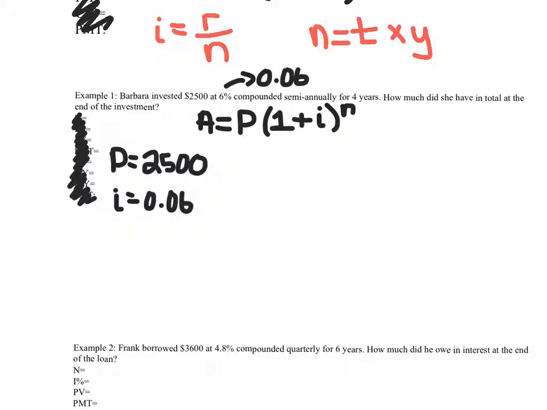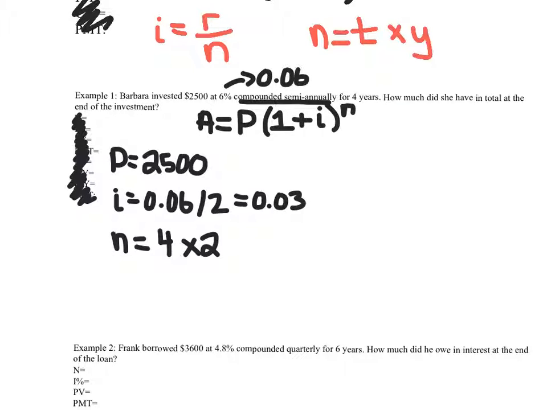Because it's compounded semi-annually, meaning twice a year, we divide by 2, and we get a value of 0.03. Our n is going to be 4 years, but again, compounded semi-annually, so we multiply by 2, and we get a value of 8.